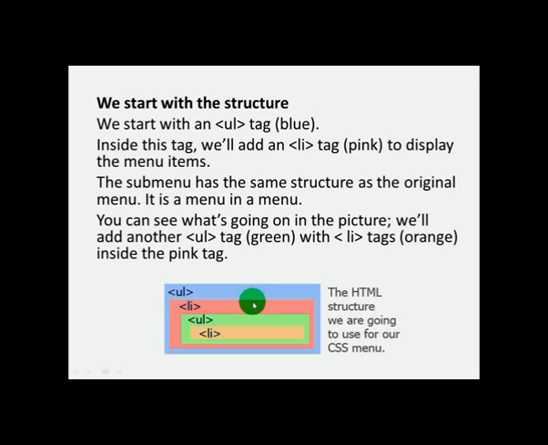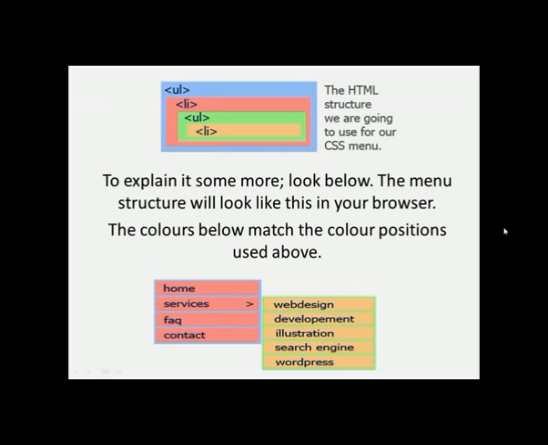Within the unordered list we have the list items, and if that list item was going to have another second level menu, it would have yet another unordered list within it, and also it would have other list items within it as well. Alright, let's go to the next page. You can see how this works. At the top I've got the same picture here which we had on the previous page, and we can see how the color codes of this HTML code represent housing or wrappers for the information.